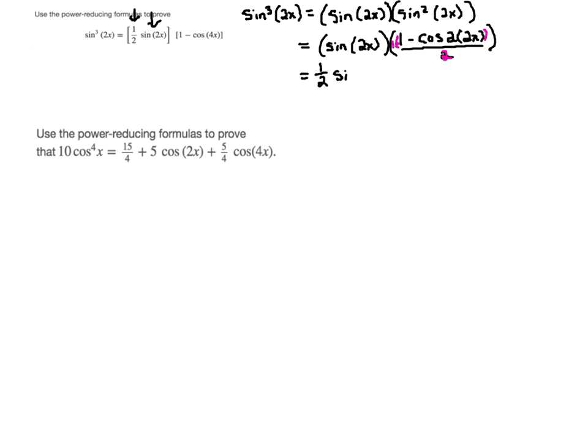And that's 1/2 times sine 2x, and I'm multiplying that by my numerator now. 1 minus cosine 4x. And that's exactly what we were trying to show. Done. Those are the nice ones.